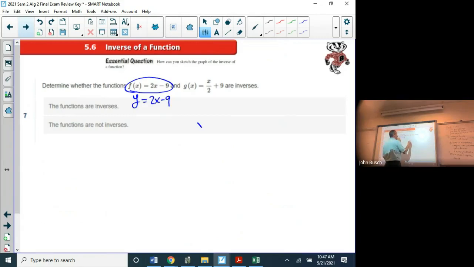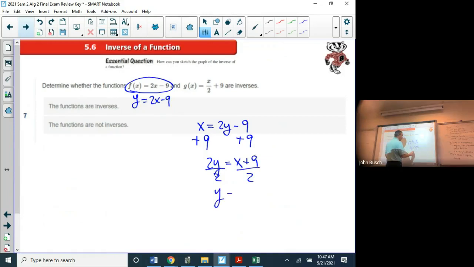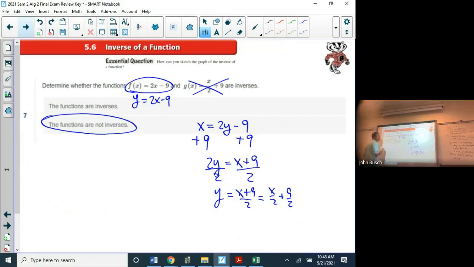So the inverse of this is x equals 2y minus 9, and you solve for y. 2y is x plus 9. Divide by 2. y is x plus 9 all over 2. You could write that as x over 2 plus 9 over 2, right? But that is not this. So these functions are not inverses.